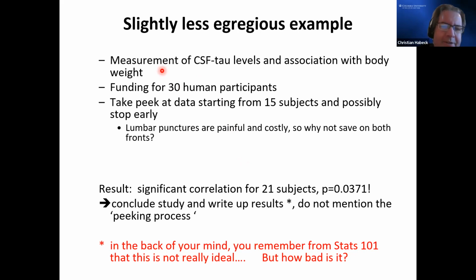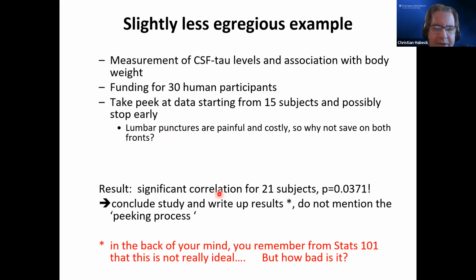Let's imagine you're funded for 30 human participants, but you do 15 and then you go, lumbar punctures are really painful and costly. Let me start peeking at the data. Once I have 15, let me check whether there's a correlation between the CSF tau levels and the body weight, right? So you do this, you start peeking at the data, right? Because you're going to stop once you get a significant result.